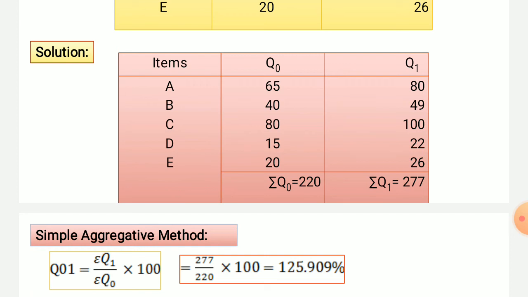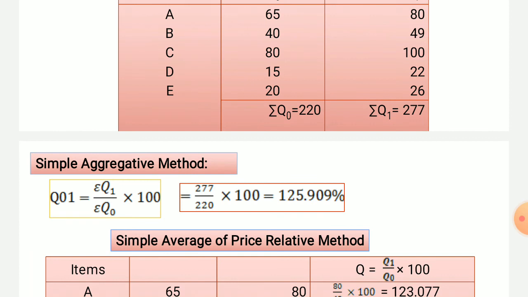Now substituting these values in the formula, simple aggregative method, Q01 quantity index for the current year, Q01 is equal to sigma Q1 by sigma Q0, total of current year quantity divided by total of base year quantity into 100. So equals 277 divided by 220 into 100 equals 125.909%.